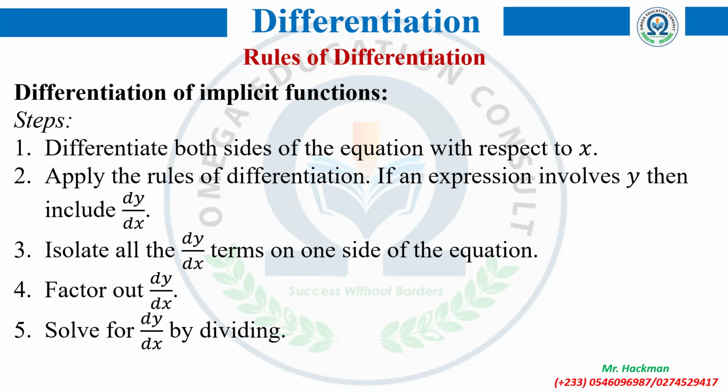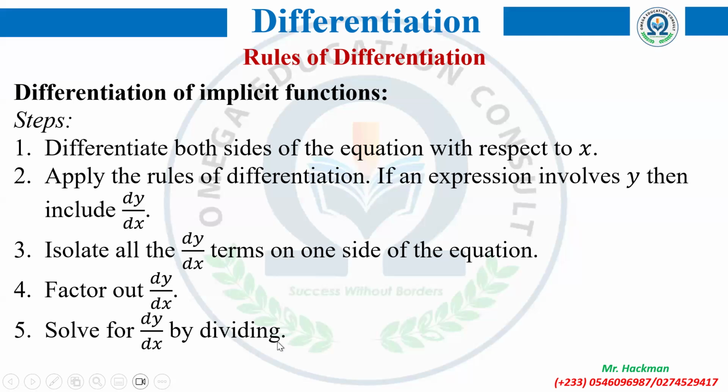So step 3 up to 5 basically means make dy dx the subject: isolate the dy dx terms, factor out dy dx from the expression, then solve for dy dx by dividing. That's all that we need to do.